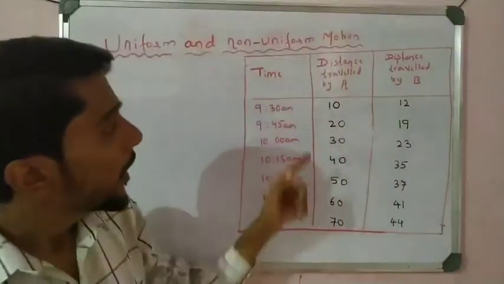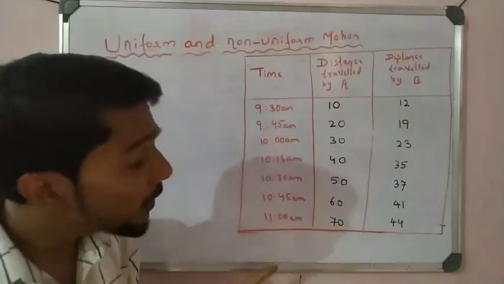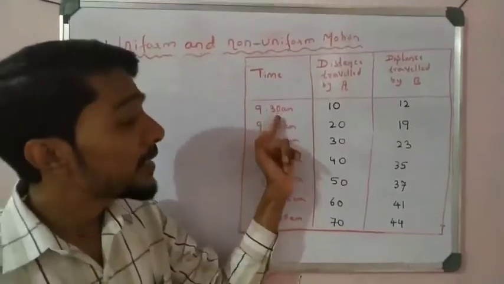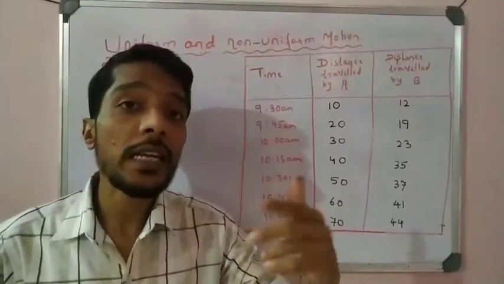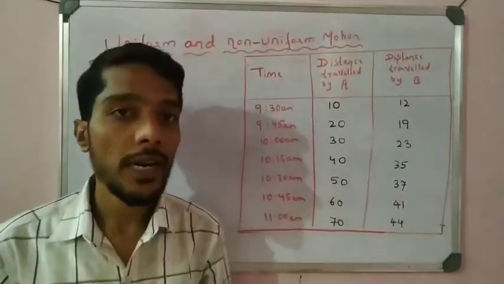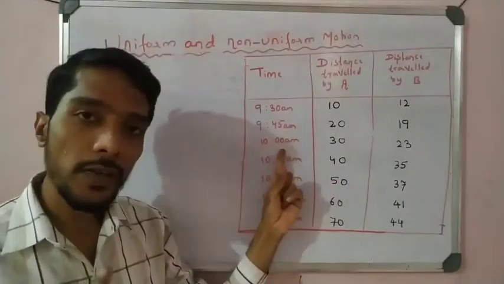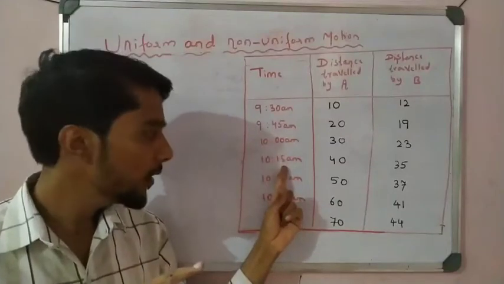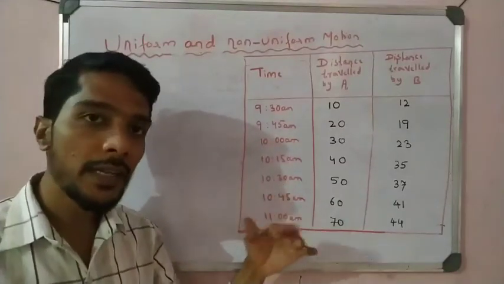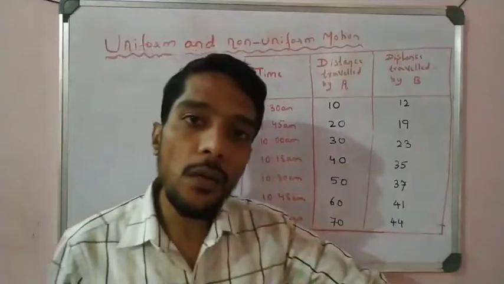Let's see, time given. Now observe the time here. Exactly 15 minutes, that is what we call an equal interval of time, right? See here, 9:30 plus 15 is 9:45, plus 15 is 10:00, plus 15 is 10:15, then plus 15 is 10:30. This is an equal interval of time.